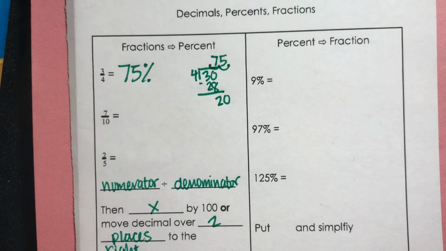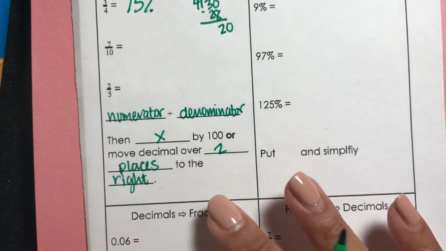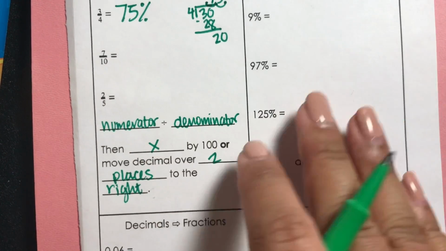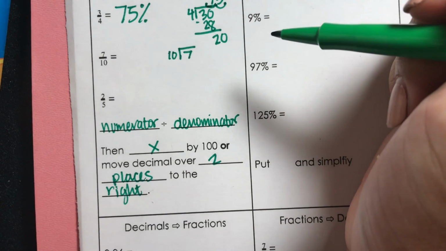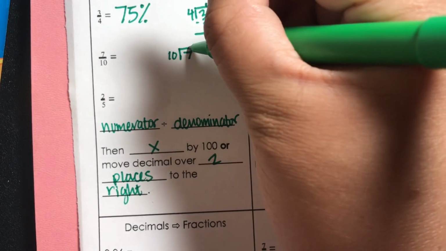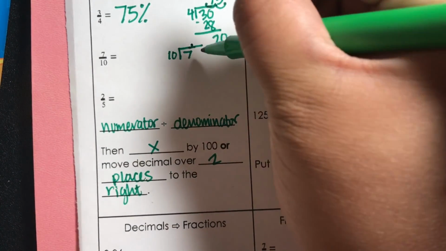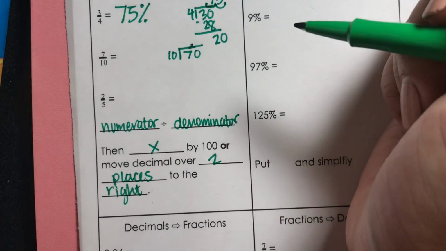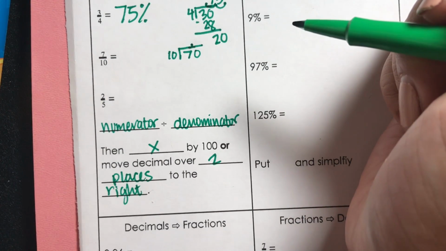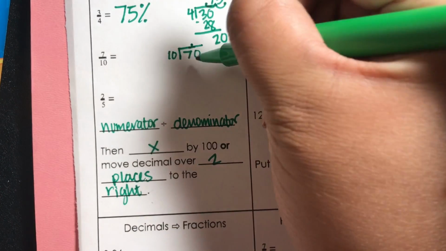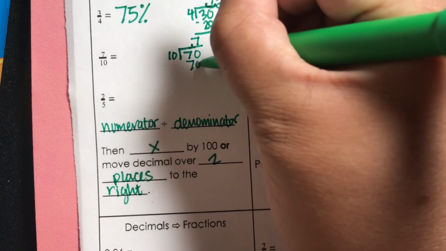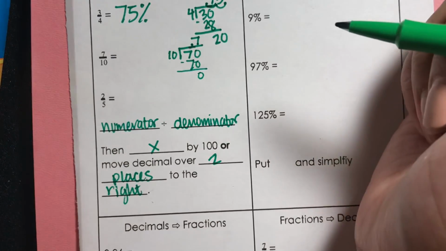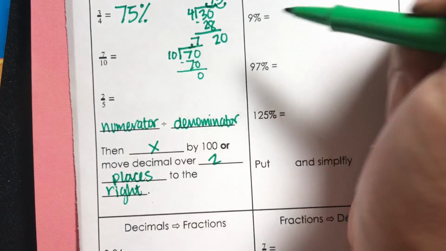75%. Okay, so let's try it with 7/10. So if we divide 10 by 7, and again, 10 cannot go into 7. So it's going to be a decimal. So we need to put our decimal up here, have our 0, add a 0. And then 10 goes into 70 7 times. 10 times 7 is 70. Subtracted, can't divide it anymore. So we have 0.7.